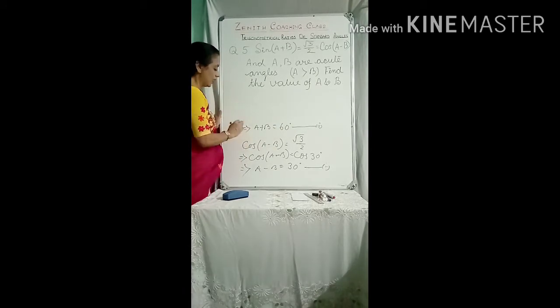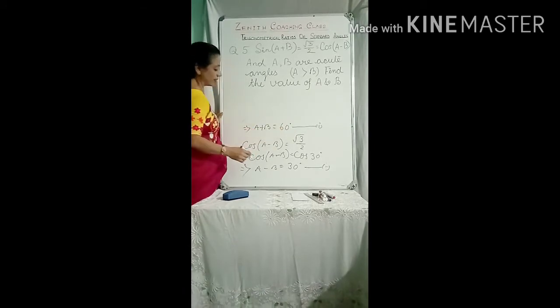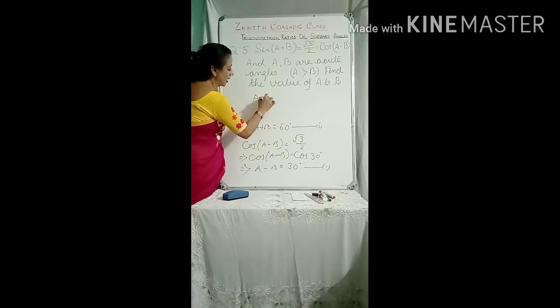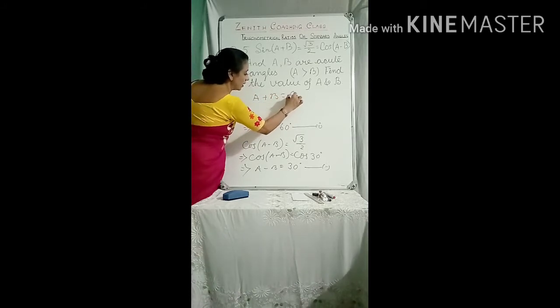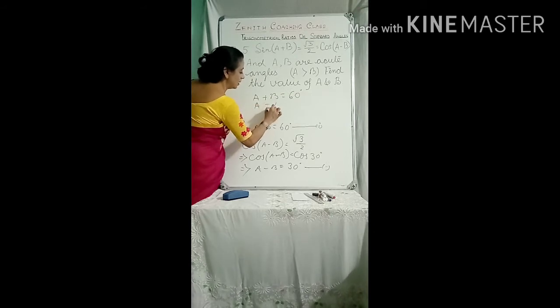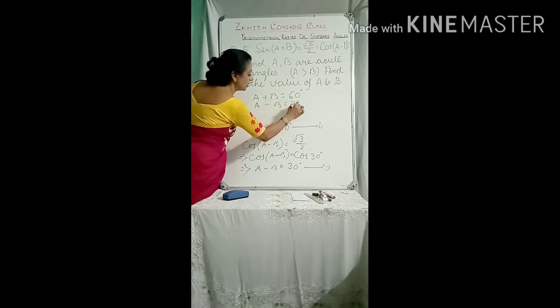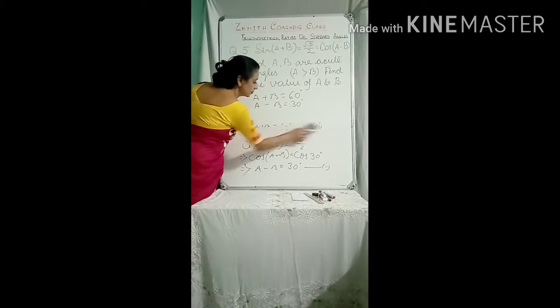Okay, so now we are writing equation number 1: A plus B equals 60 degree and A minus B equals 30 degree.